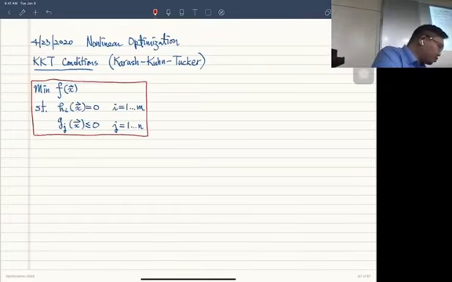Otherwise, if the second term is zero, you don't make any improvement, because in your new design, your function value is still the same. You are not following optimality because you didn't find a better design. You find a design that has the same quality, same performance.